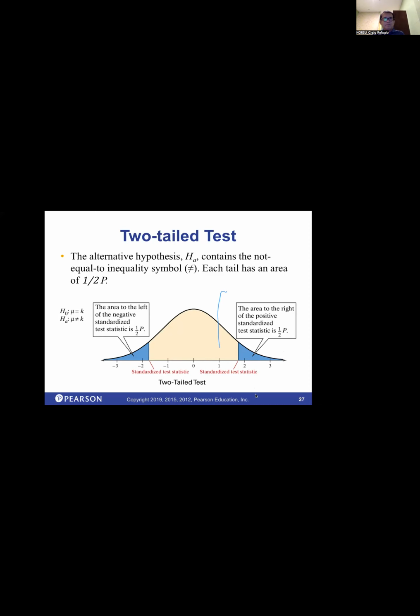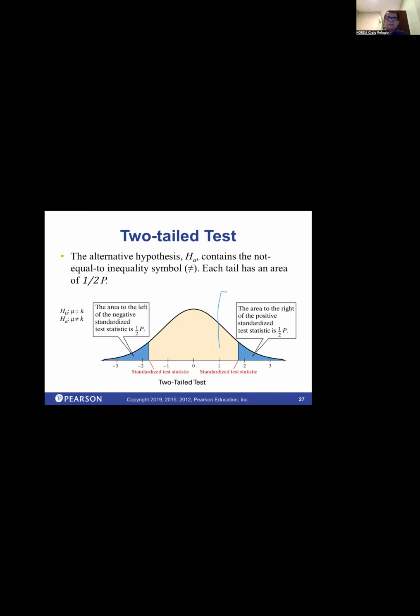So again, for emphasis, our basis of classifying as left-tailed, right-tailed, or two-tailed is the alternative hypothesis. If the alternative hypothesis is using less than, it is left-tailed, going to the left. If the alternative hypothesis is going to the right side, then it is a right-tailed test.